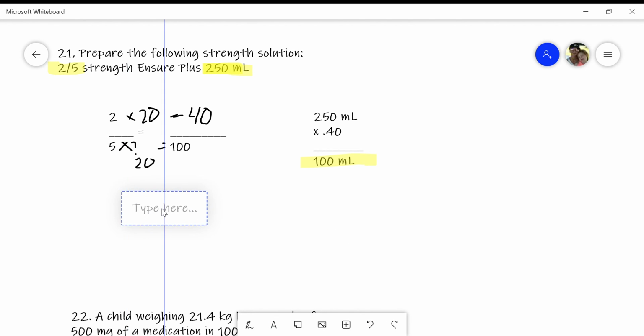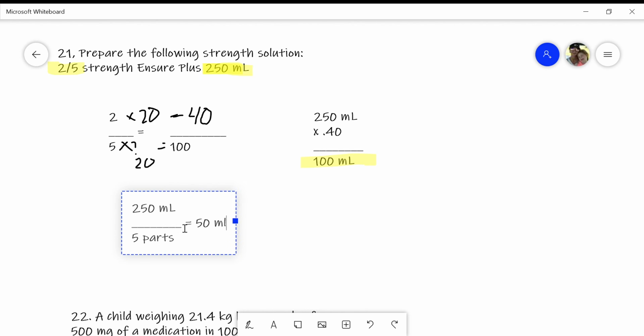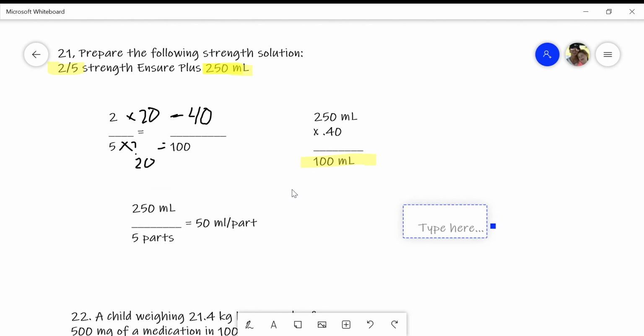And I would assume another way you could do it is 250 milliliters divided by 5 parts. It's going to give 50 milliliters a part, and then you would just multiply by 2 parts.